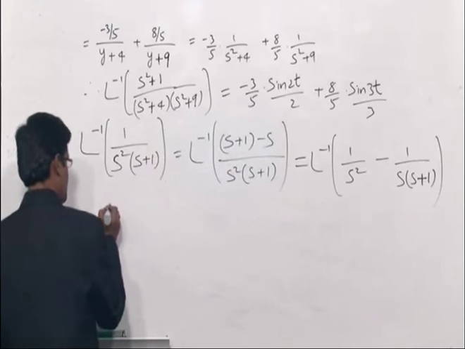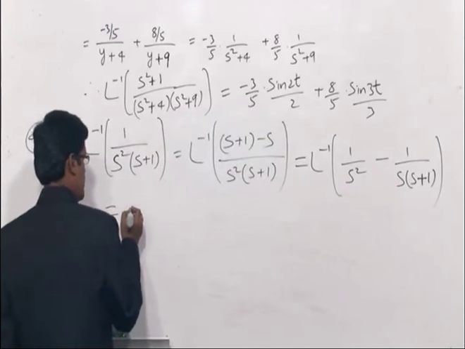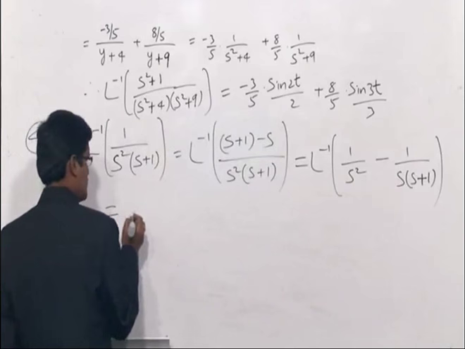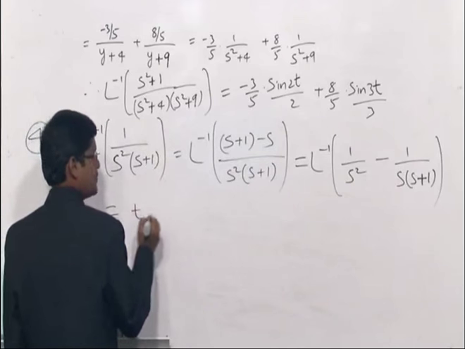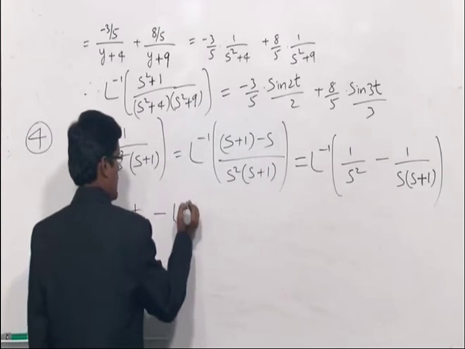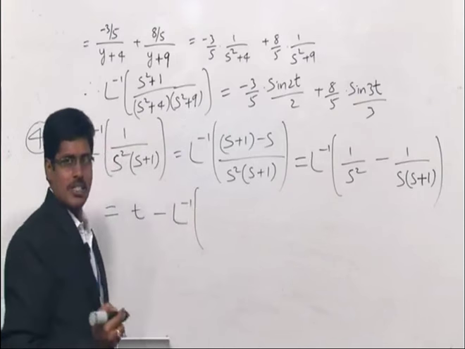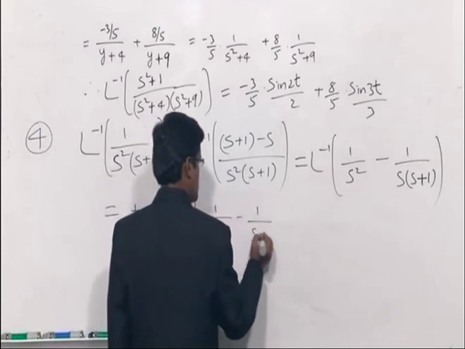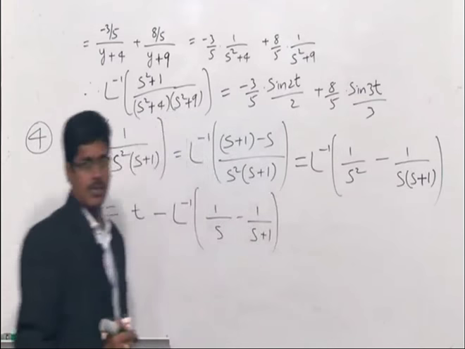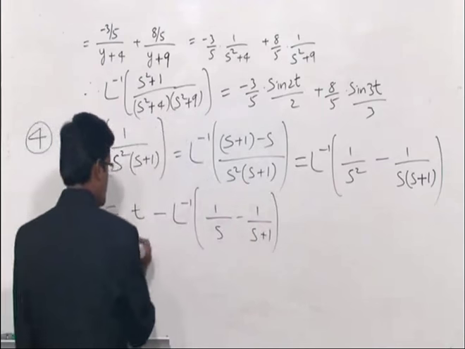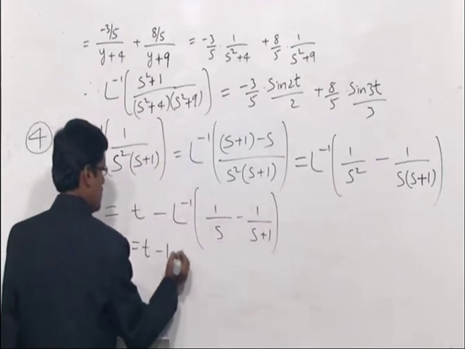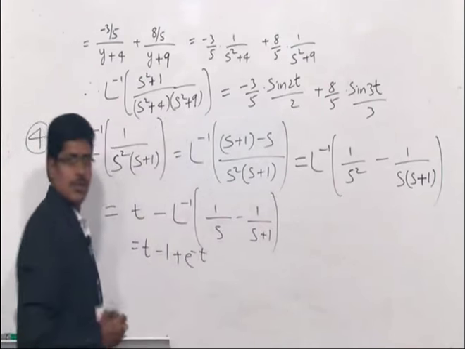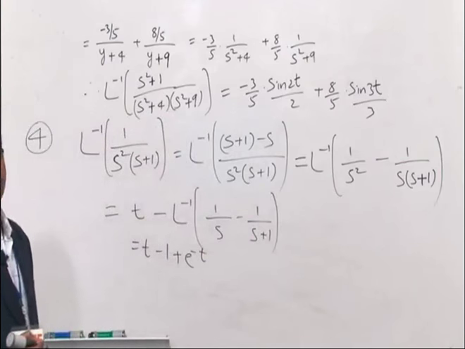So that is L inverse 1 over s square is t minus L inverse of 1 over s into s plus 1, partial fractions. So that is 1 over s minus 1 over s plus 1, a by s, b by s plus 1, like that. Now this simplifies to t minus 1 plus exponential minus t. This is the answer.